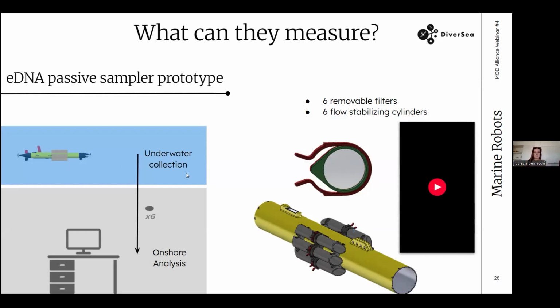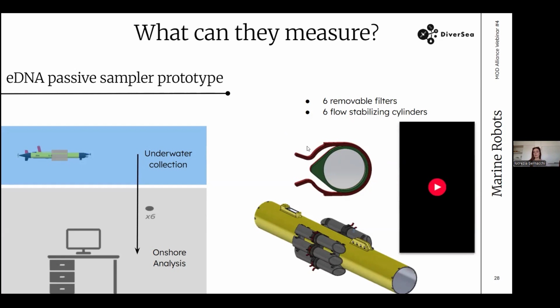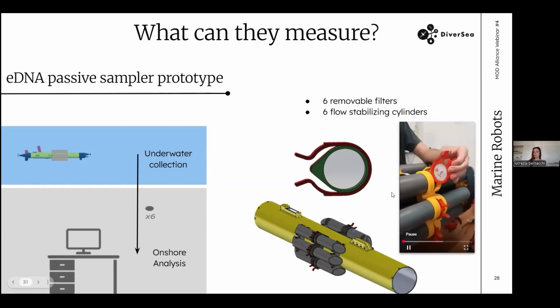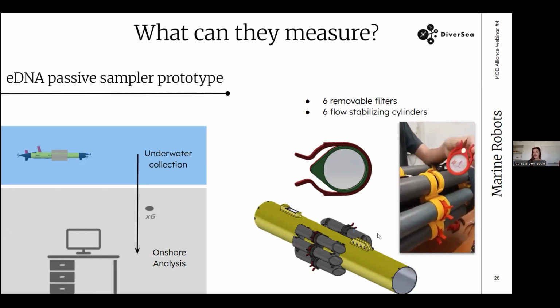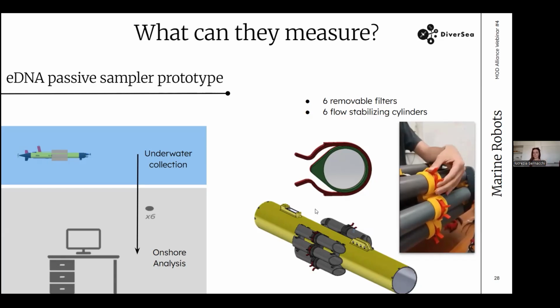It's still a prototype. As you can see here, you first put the filter inside these two green and red structures. Then you insert the filter inside the stabilizing cylinder. Then the vehicle runs the mission. Then you can take it off and analyze the filter.